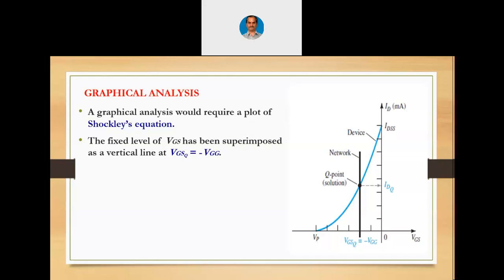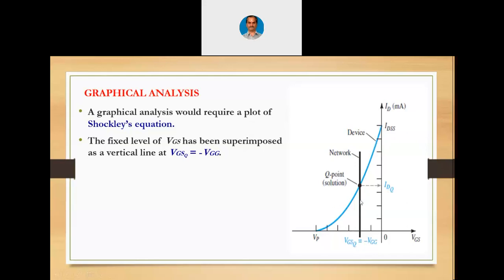In fact, the graphical analysis is slightly easier compared to mathematical analysis, because you don't have to worry about all other equations. You only have to find out the transfer curve, then apply this line which corresponds to VGG, and wherever it crosses, that itself is IDQ. Why is it so? Because the x-axis itself is the gate to source voltage and the y-axis itself is the drain current.